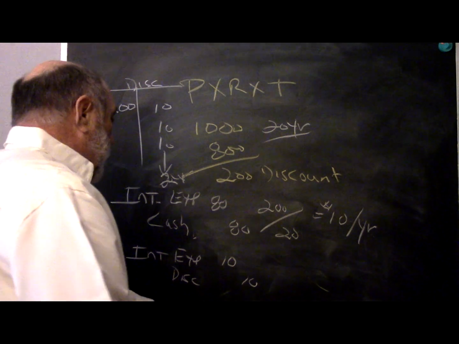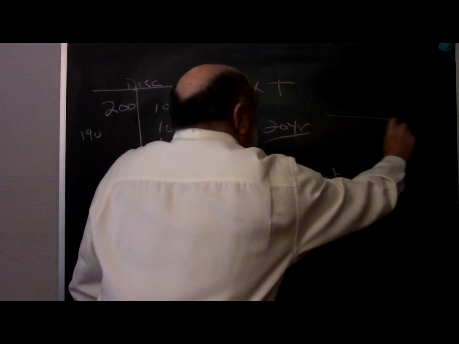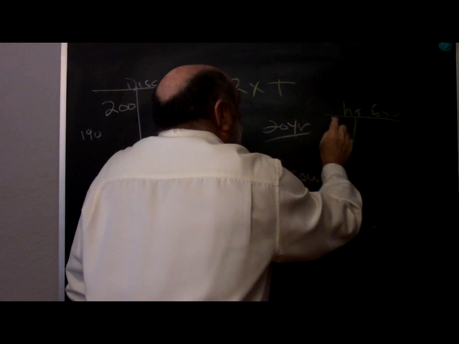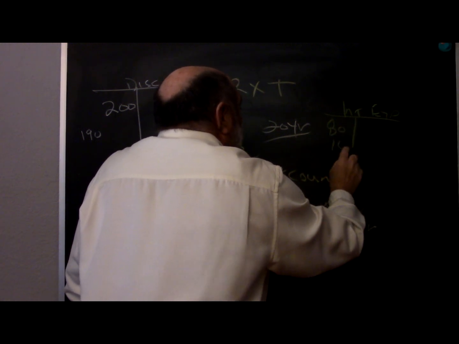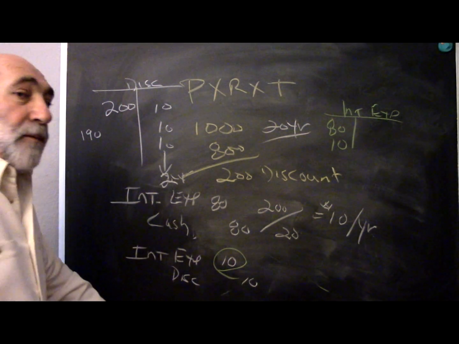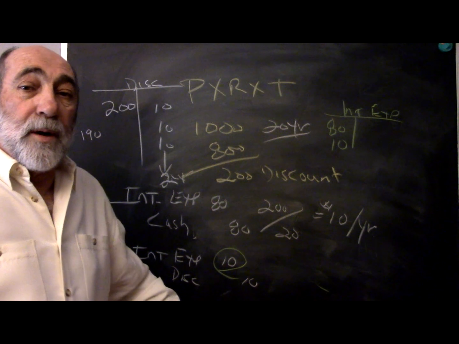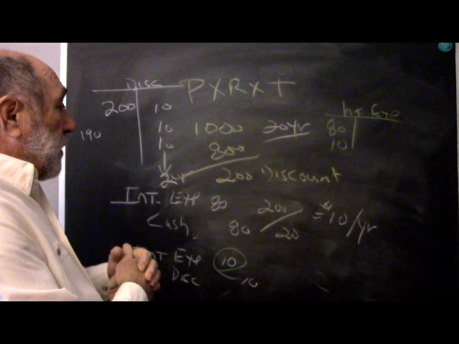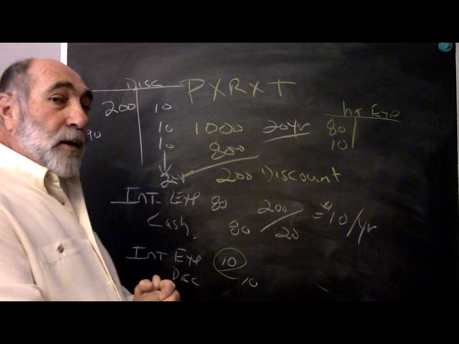So if I looked at my interest expense, not only do I have the $80 that I paid, but I also have this. So that's how I reflect the additional cost of borrowing over the life of the bond.